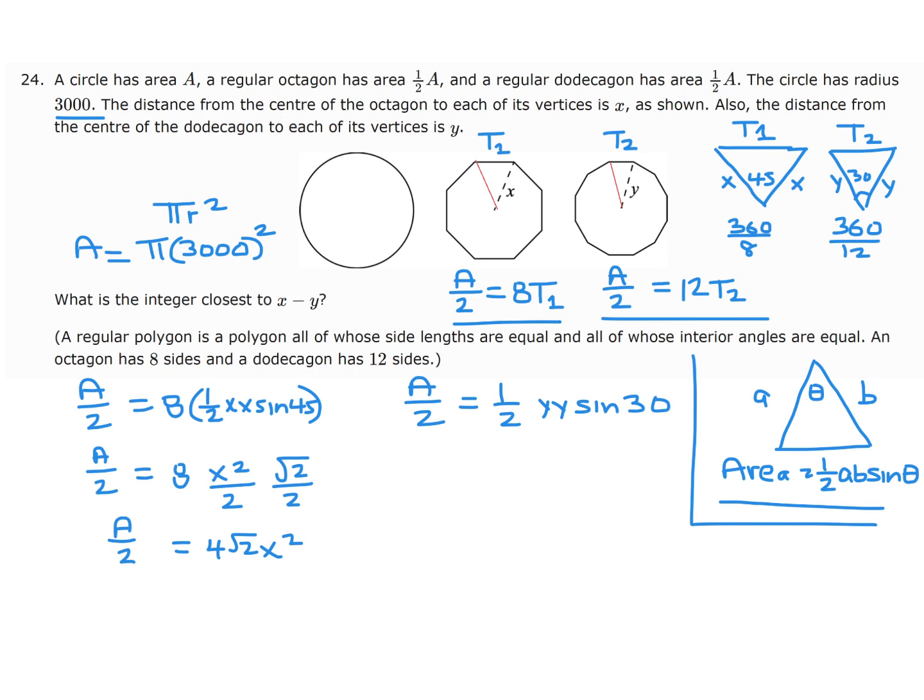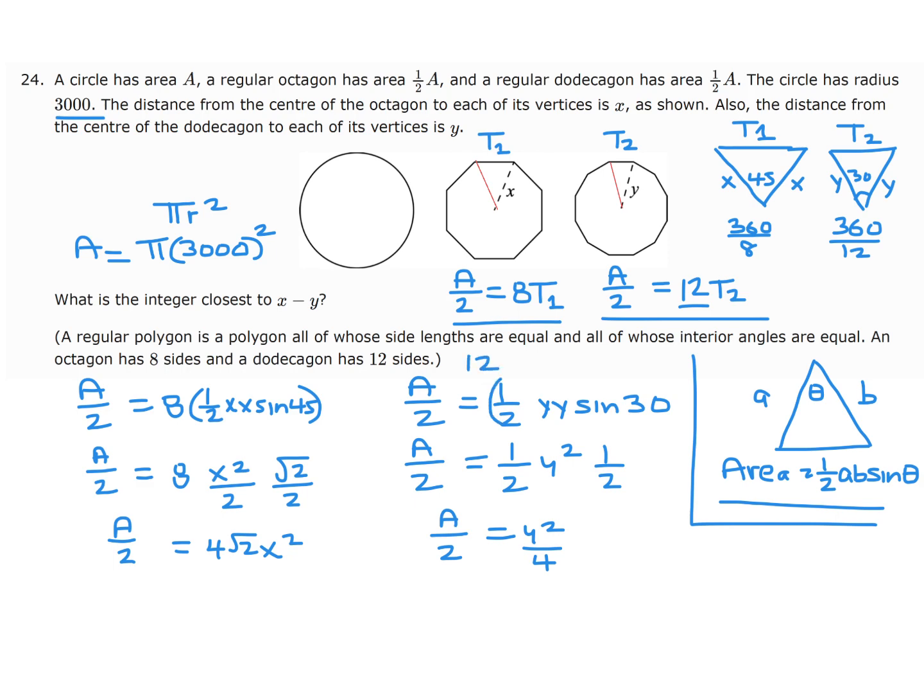Let me do the same thing over here. So this is going to be 1/2 y squared, and then sine 30 is 1/2. So that's going to be A over 2 is y squared over 4. And therefore, oh, I think I missed that 12 there.